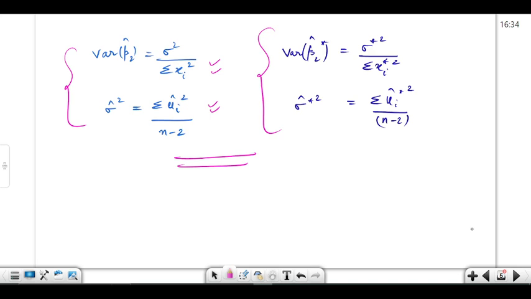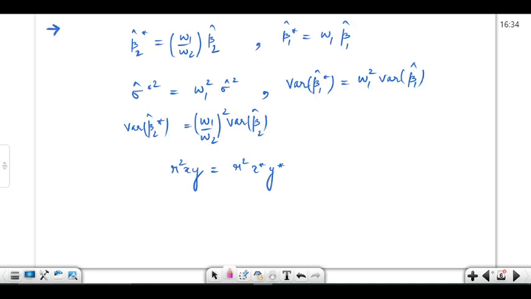The formulas are almost the same, just the star variables are replacing the normal variables. So the important thing here is how your beta 2 hat star or the new variables are related to the previous unscaled variables, in terms of your scale factors.